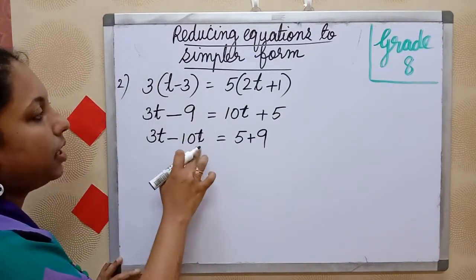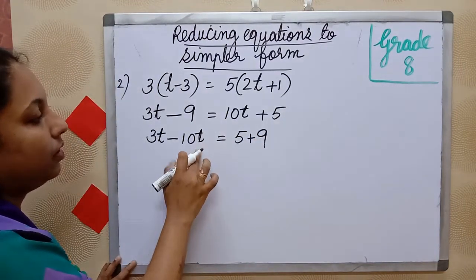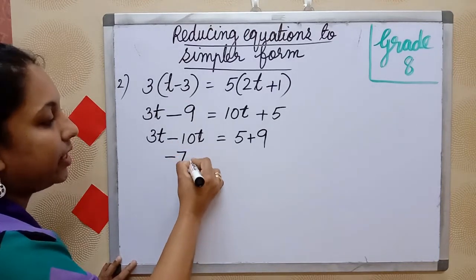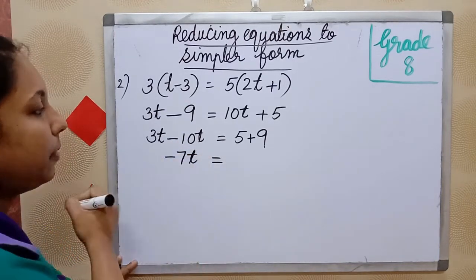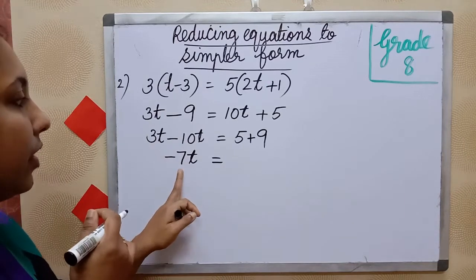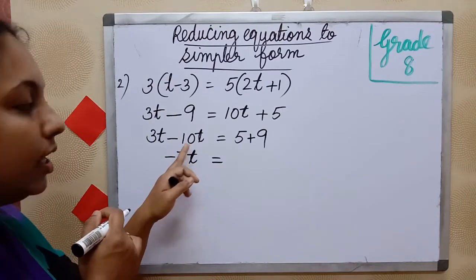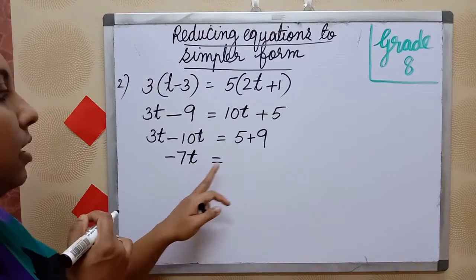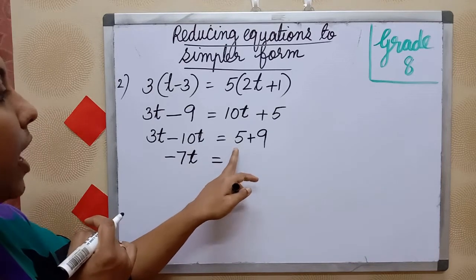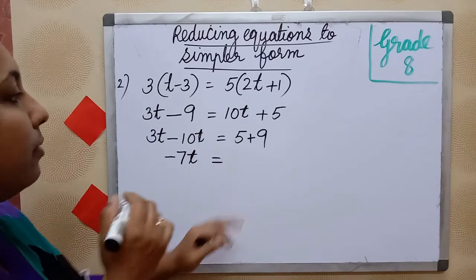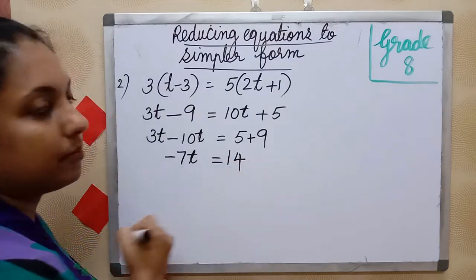Then 3t minus 10t, that is minus 7t is equal to 5 plus 9. 10 minus 3 is 7, the bigger number is 10 only, so negative 7t. 5 plus 9 is 14.